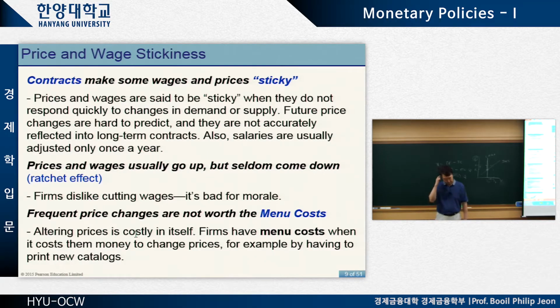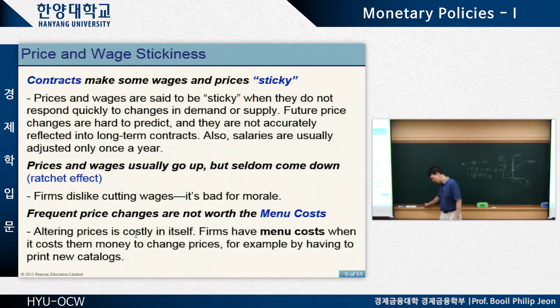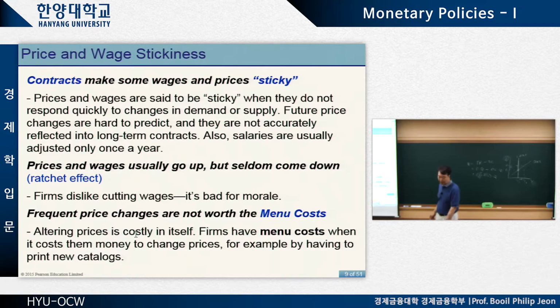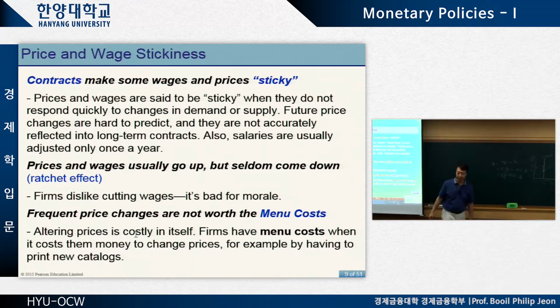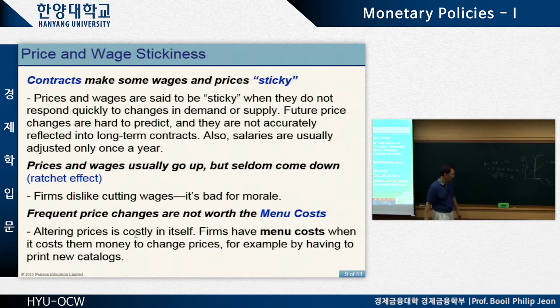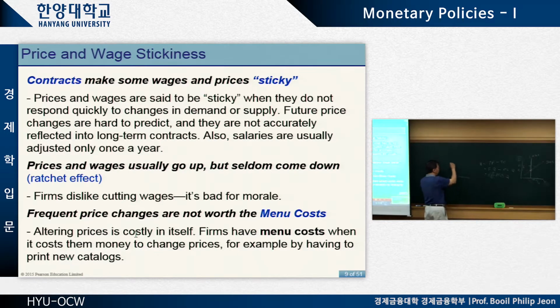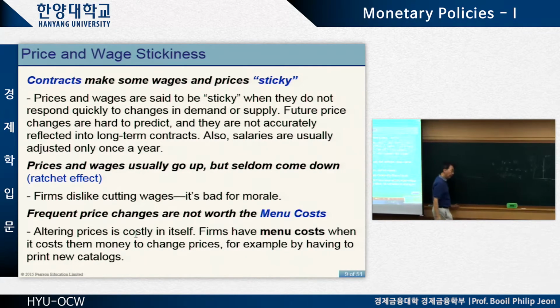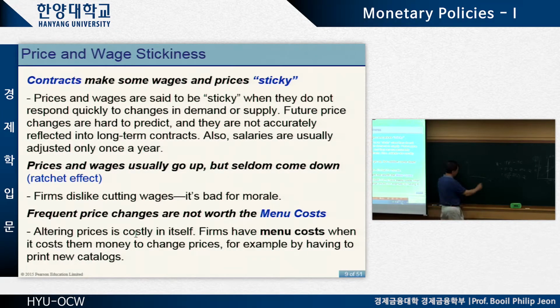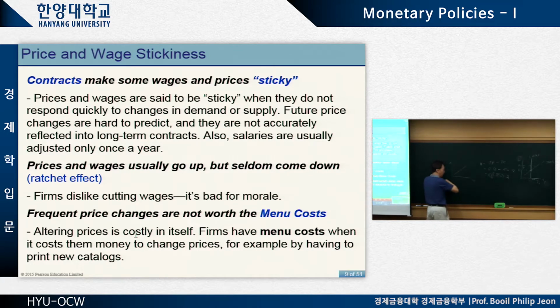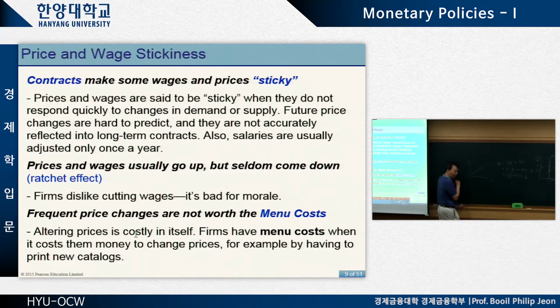In theory, in principle, we think the adjustment should be immediate and perfect. So, for example, we talked about the market for loanable funds. Think about the interest rate and quantity of money. And we thought about the supply for loanable funds, and of course the households are the suppliers.